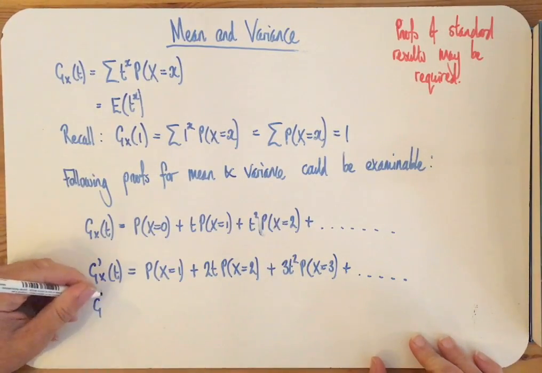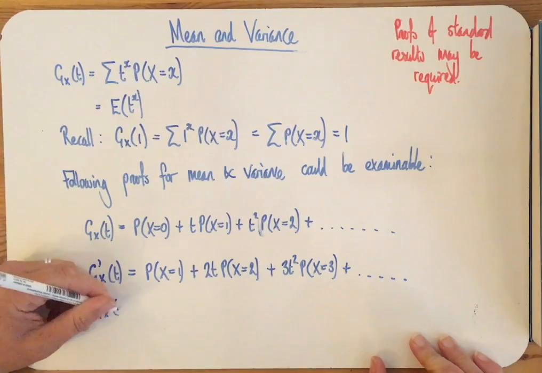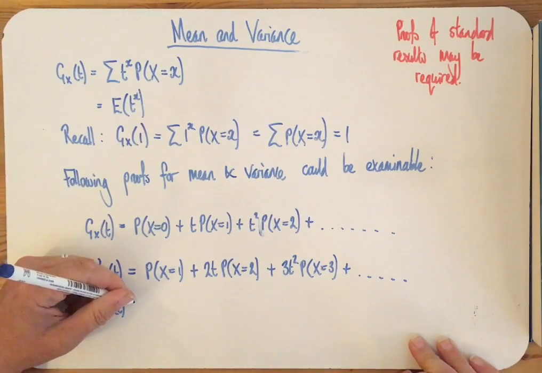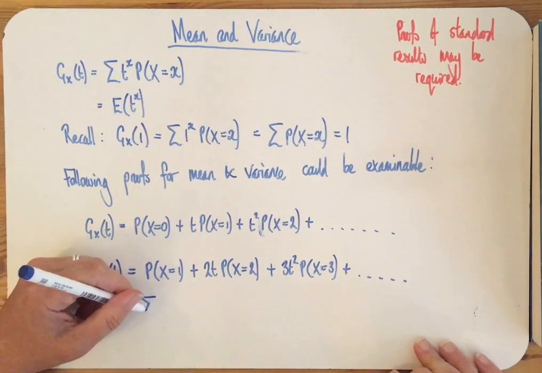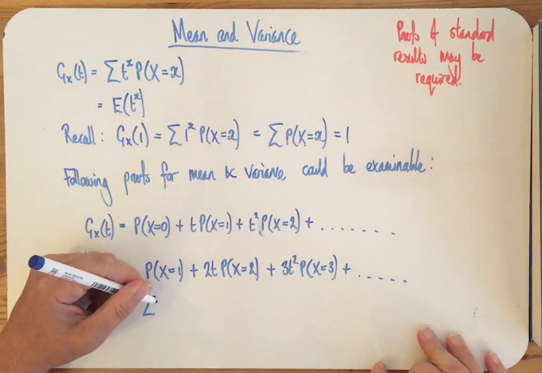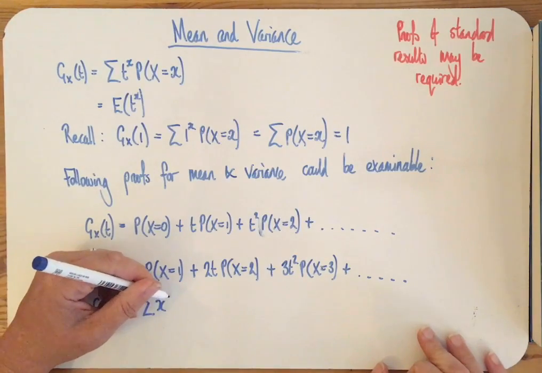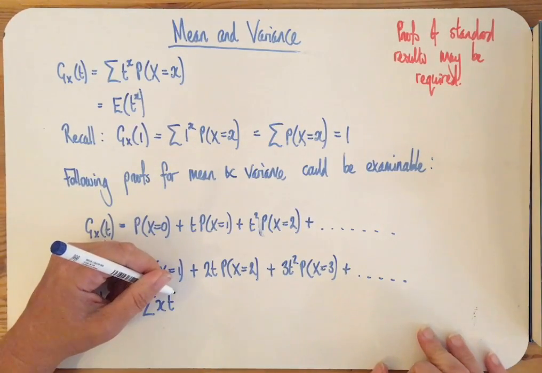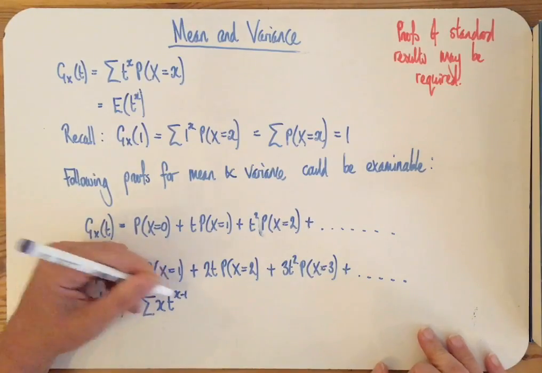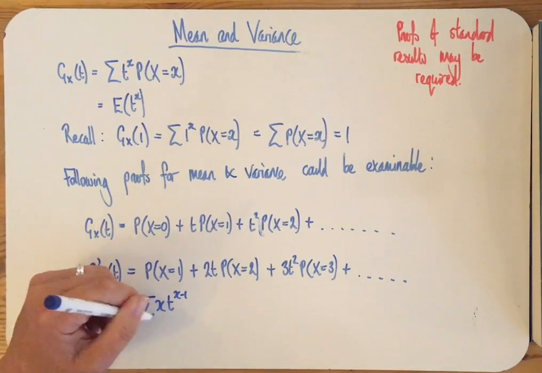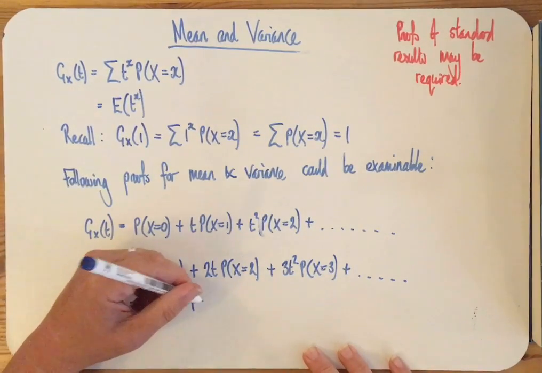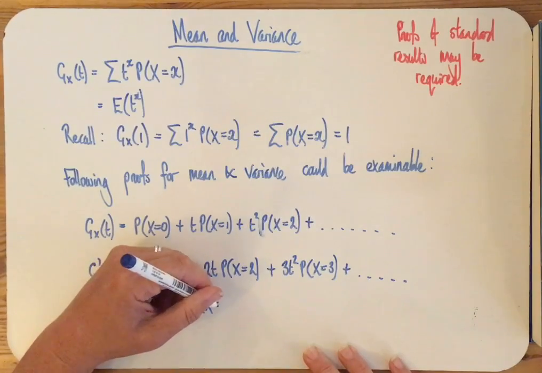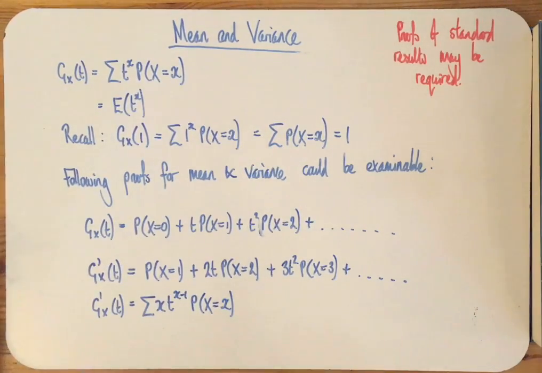And so when you differentiate, you get the sum of x times t to the x minus 1, so that's times by the power, taking 1 off the power, times the probability that X equals x.